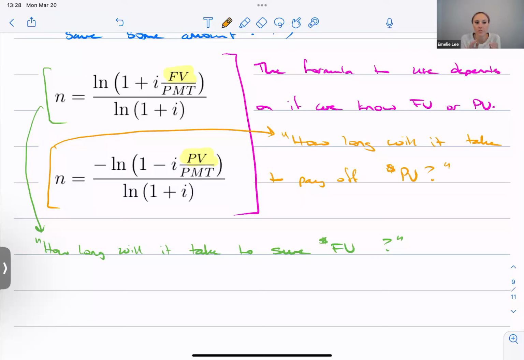Right, so it's two different structures. Both of them are solving for n, we know that. And so same as before, we have to be really aware of what a present value is and what a future value is, right? And so that's why I want to give you these general wordings.